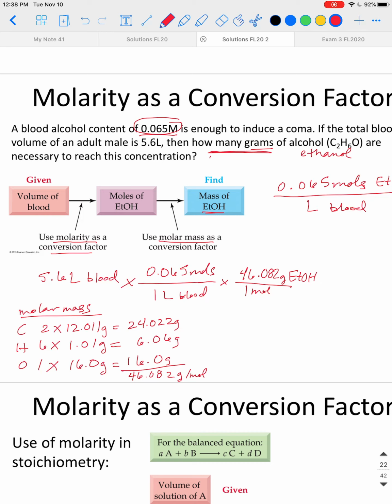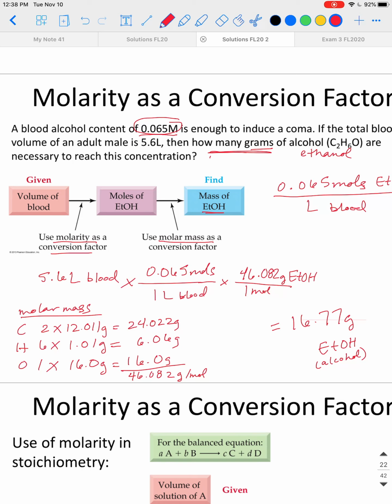We have 5.6 times 0.065. You can divide that by 1 if you want. And then times 46.082. And I got, hopefully this is right, 16.77 grams of ethanol, or remember, that's blood alcohol.